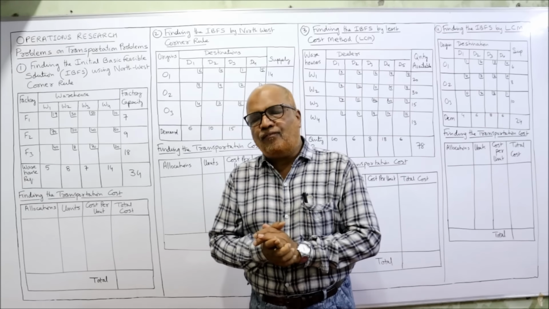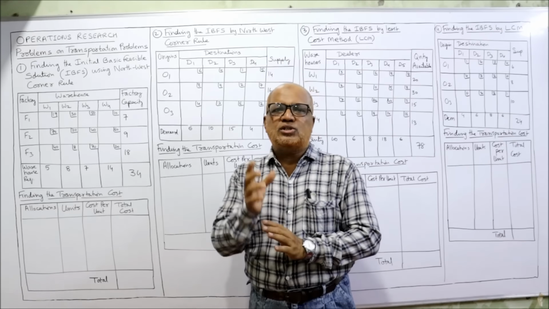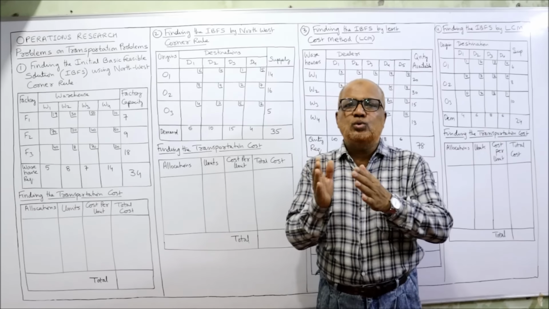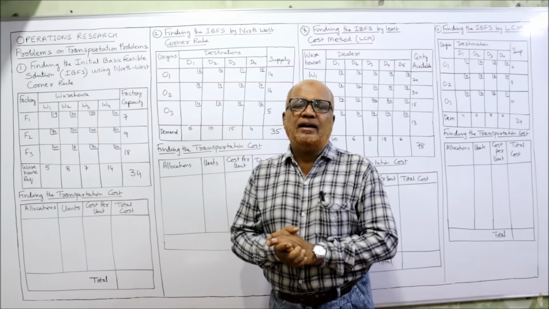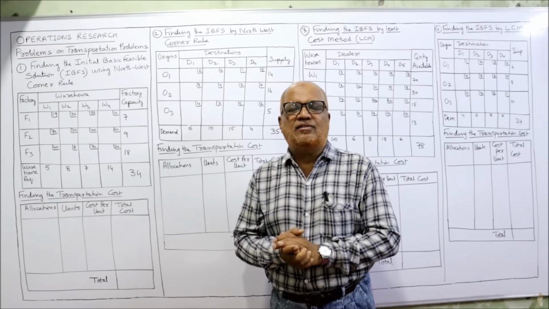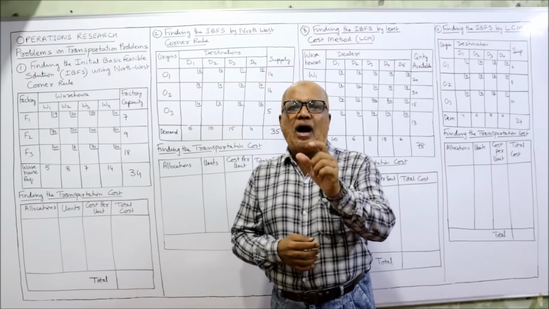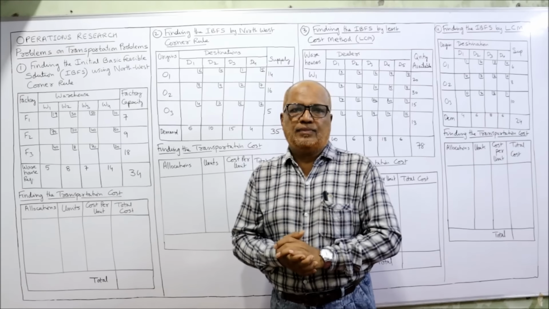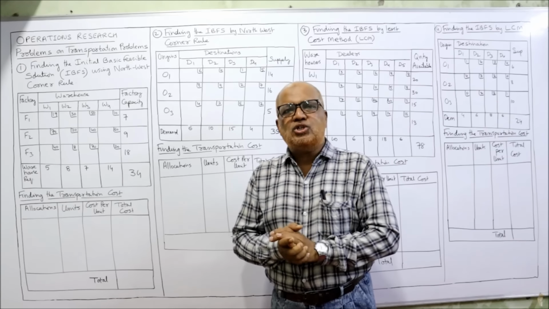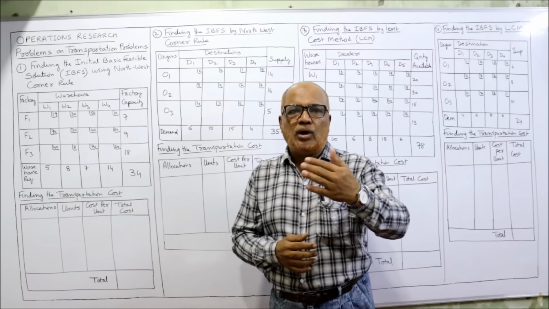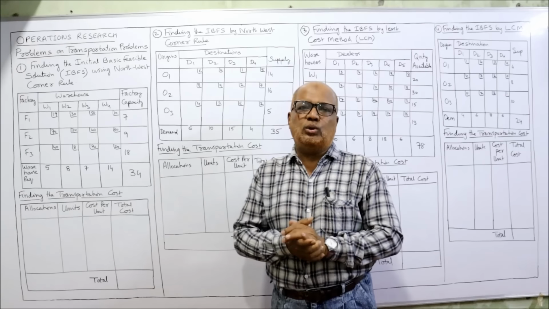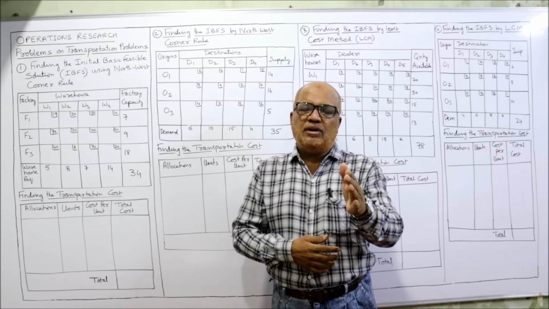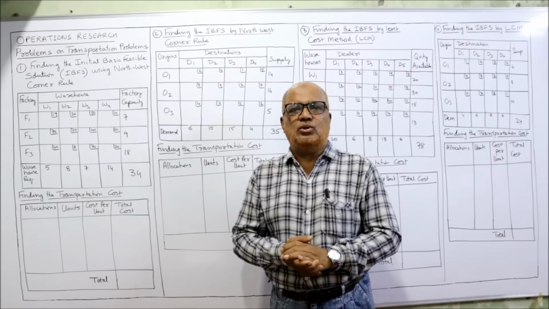Now, for finding the solution to this transportation problem, we have two stages. The first stage is finding the initial basic feasible solution, IBFS. After finding the initial solution, we have to modify and improve it, then we can get the optimum solution. So first IBFS, next optimum solution.